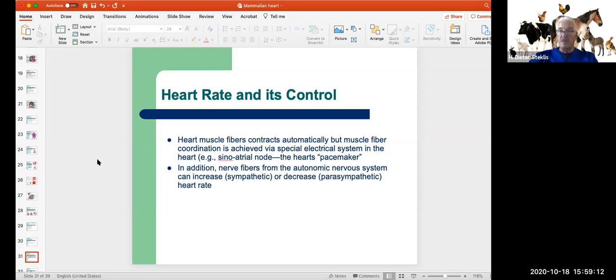And so those fibers coming into the heart can then increase the rate at which the heart beats. And likewise, in a more relaxed situation, the parasympathetic part of the autonomic nervous system is active and heart rate actually decreases.